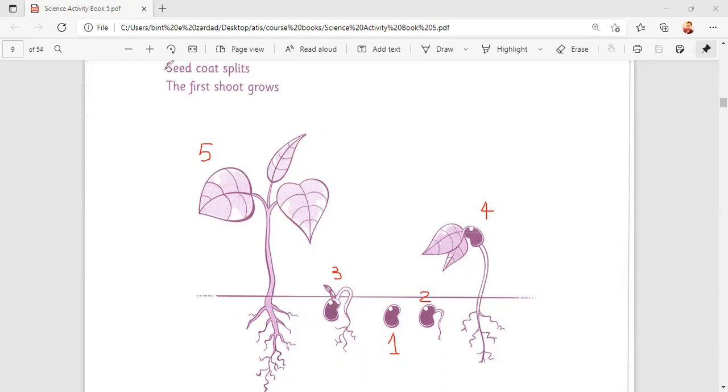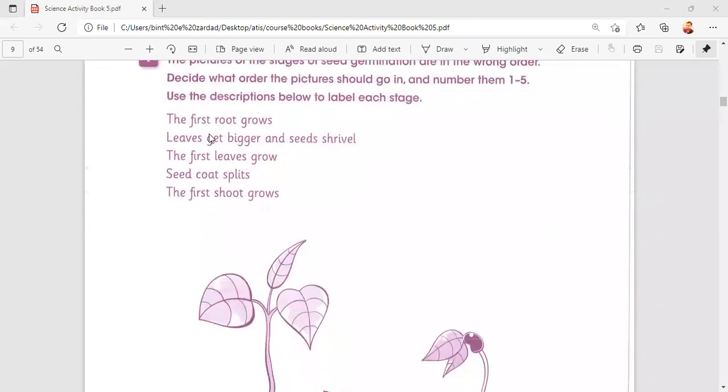So let's arrange the statements about these stages. In the first stage, the seed coat splits. So where does the seed coat split? This is the first stage. The second stage, the first root grows. This is the second stage.